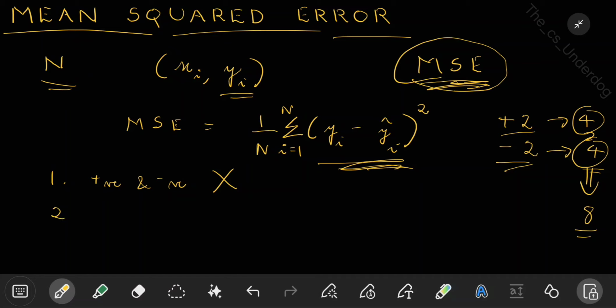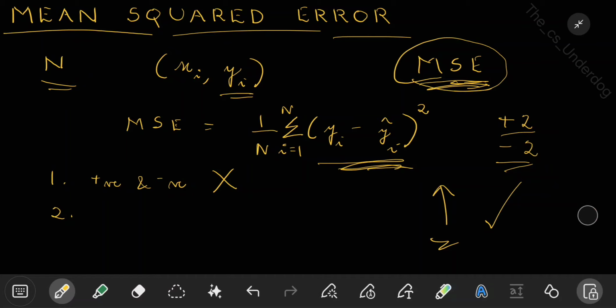What is the second advantage of squaring? The second advantage is, whenever you have a large error, those larger errors will be penalized heavily. Why should this be done? Let us say you are doing some sort of a darting game. This is your dart board, and your actual aim is the central point.